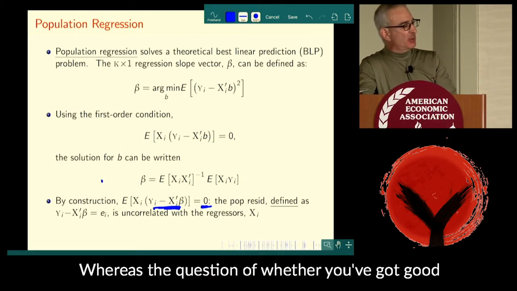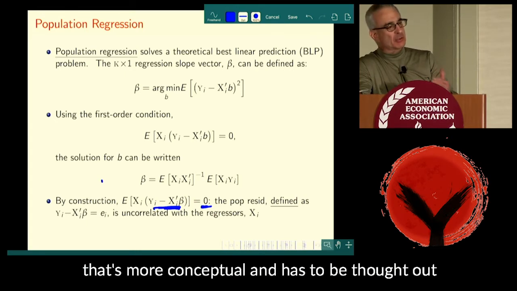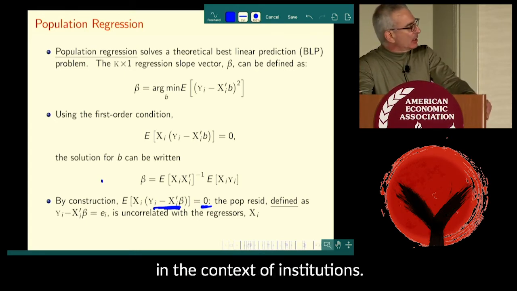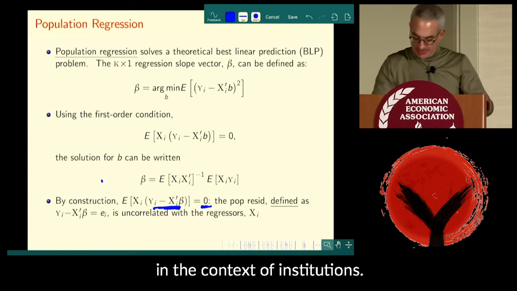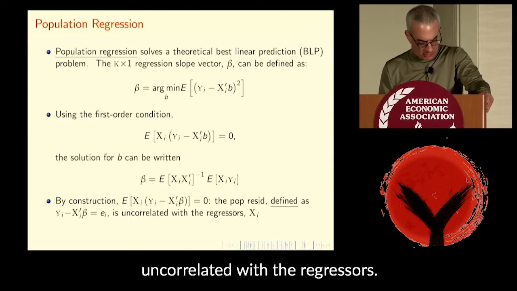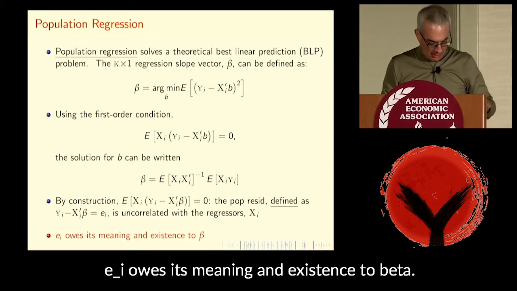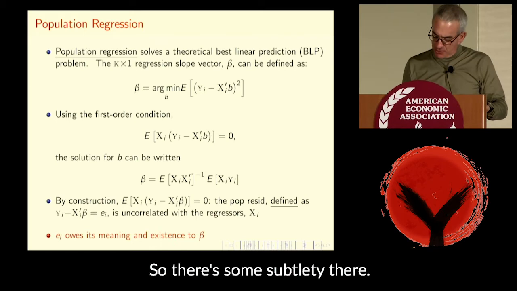Whereas the question of whether you've got a good conditional independence assumption is more conceptual and has to be thought out in the context of institutions. So the residual is by construction uncorrelated with the regressors. E i owes its meaning and existence to beta. So there's some subtlety there.